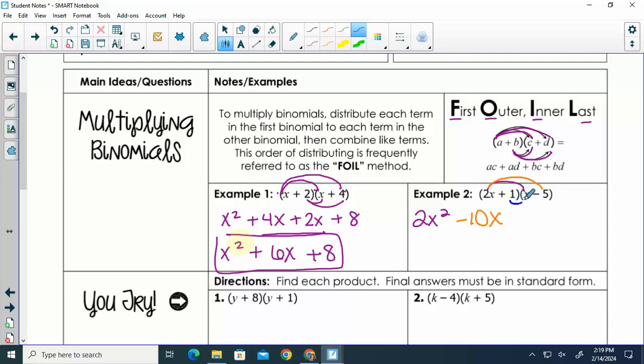Then we do the inside. 1 times x. And then we do the last. 1 times negative 5. Alright. Like terms. What do we have? That gives us a 2x squared. Negative 10x plus 1x is negative 9x.